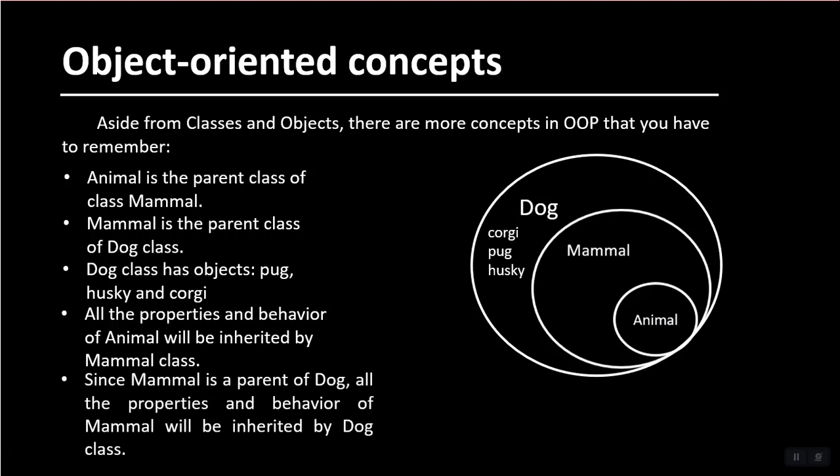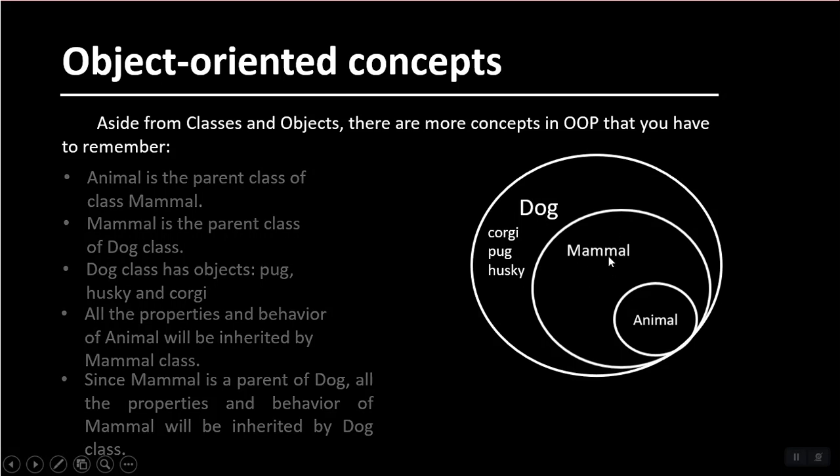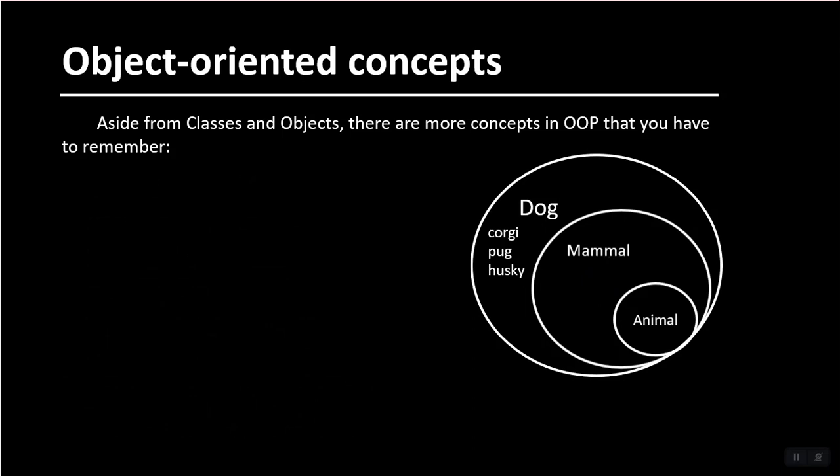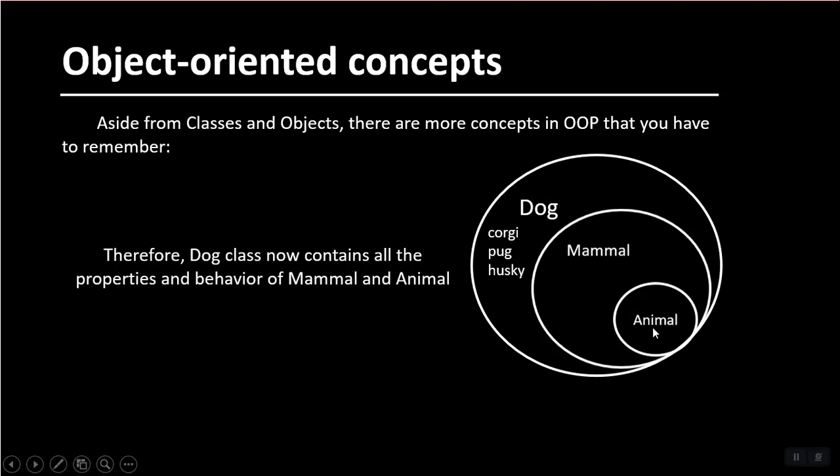And then since mammal is a parent of dog, all the properties and behavior of mammal will be inherited by the dog class. And since mammal has the properties and behavior of animal class, therefore dog class now contains all the properties and behavior of mammal and animal.